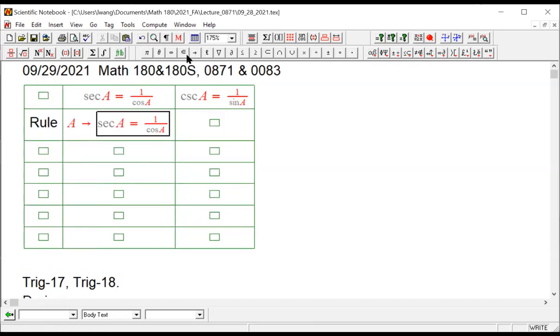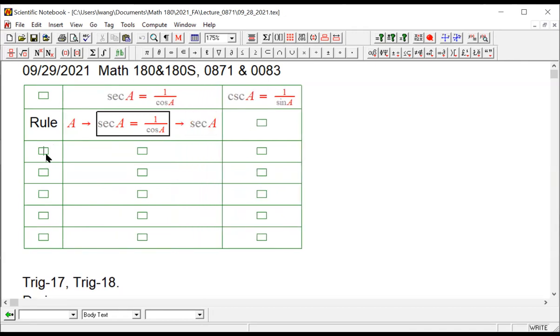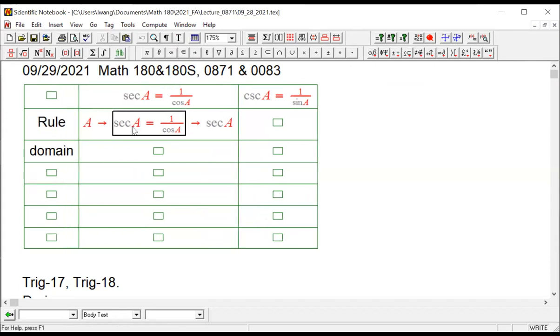And outside is secant A, just for example, and then you're going to work with the domain and range. We already have worked out the domain, and range is something else. Actually, your quiz is asking for that. The domain we already know; I already gave it to you the other day. Range you need to figure out.